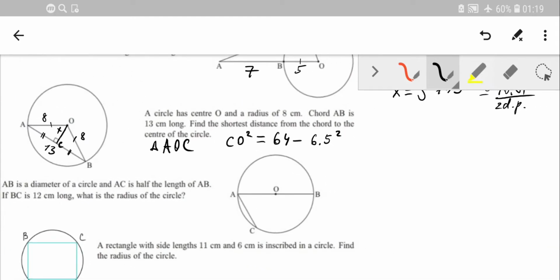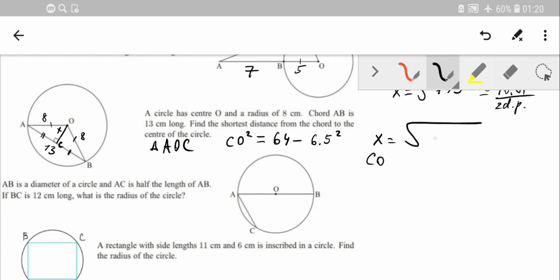Okay, so our unknown x squared will be equal to the following. Let's calculate. So x, i.e. CO, is equal to the square root of 64 minus 6.5 squared.